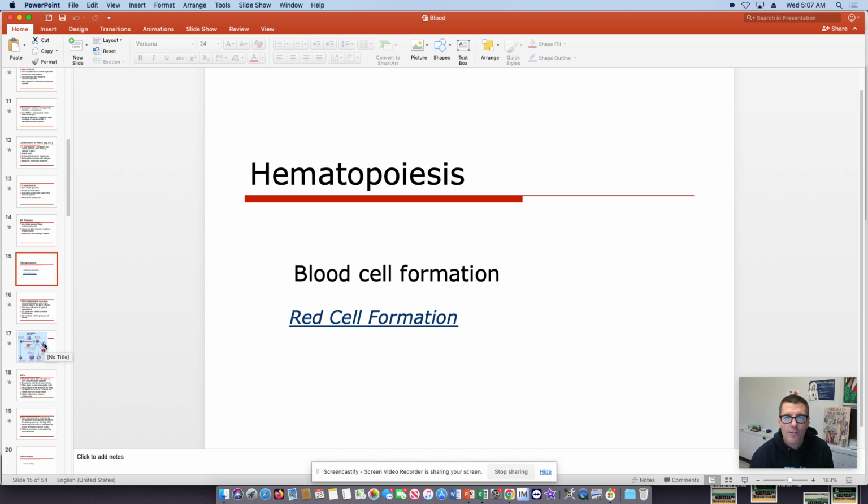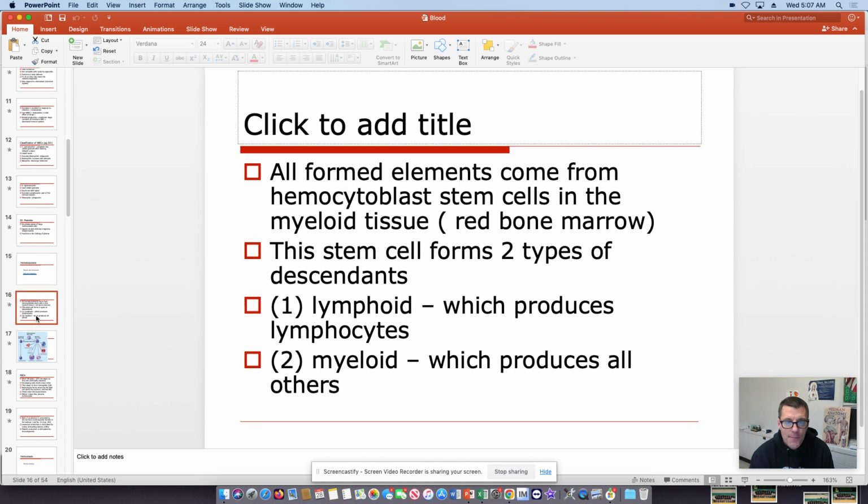They're undifferentiated cells that can become different things, and you can see that in the diagram on page 302. I have it on here so you can look at it with me. All of them come from something called a hemocytoblast. And blasts mean cells that give rise to something, and they're building.